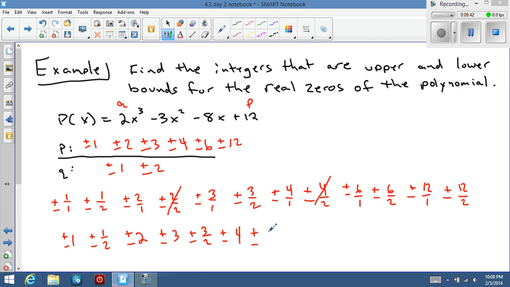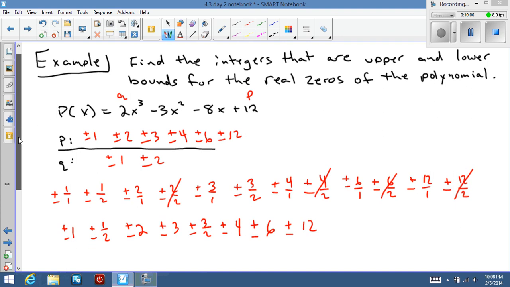I have 6, and 6 over 2 is the same thing as 3, so cancel that out. Then I have 12, and 12 over 2 is the same as 6, so I can cancel that one out. So we do not need to duplicate any possible zeros. Now we're trying to find our upper and lower bounds.